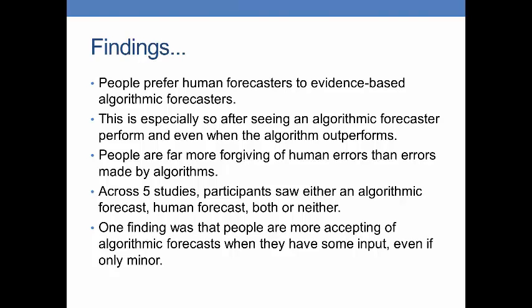So we need to accept this when we're thinking about how we're making change as a result of our HR analytics. And we really need to be cognizant of this and allow people some input into forecasting, even though we know a better outcome could be achieved without this human input. So just something to think about, and really great article to read if you have the chance.